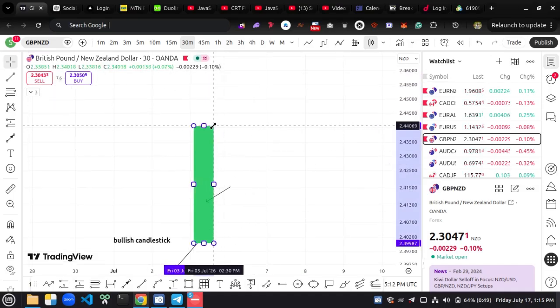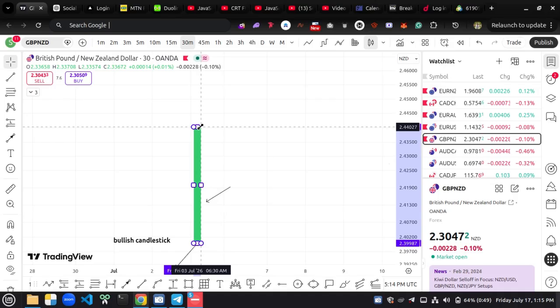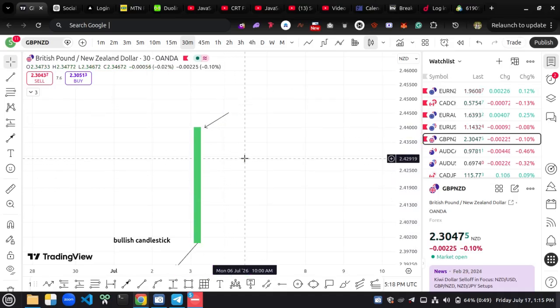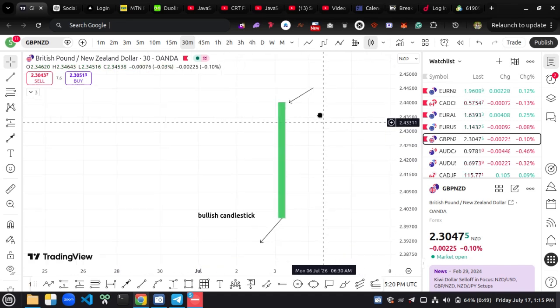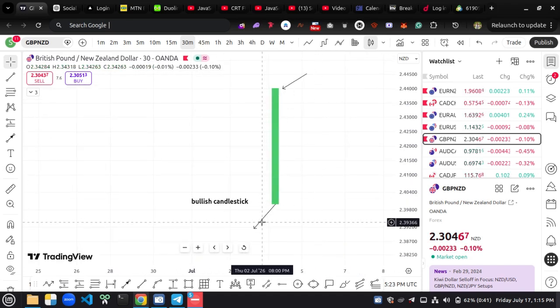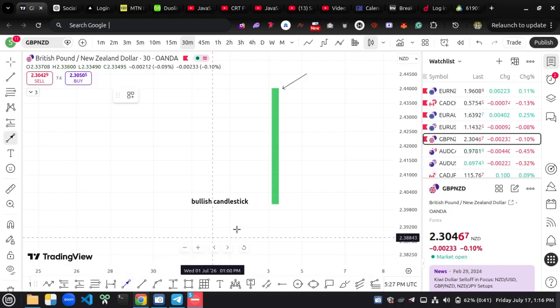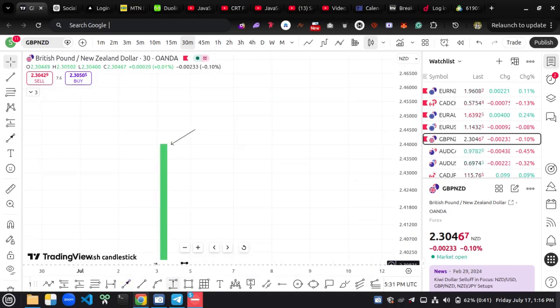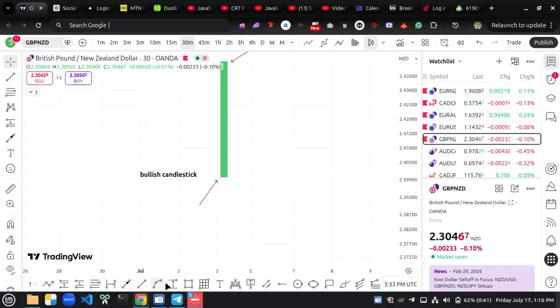That's not our business in this particular video. It can close like this. The moment it closes higher than the point where it opens, that is a bullish candle. I'm very sure that is clear.